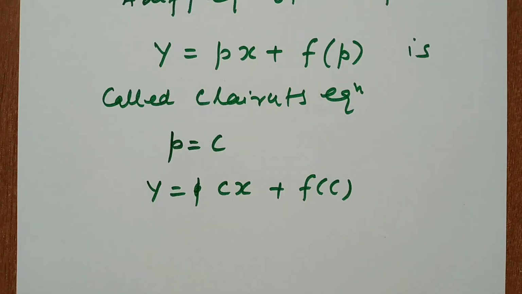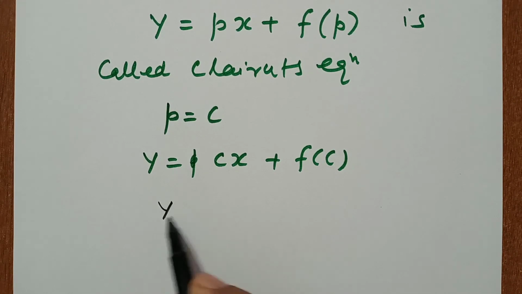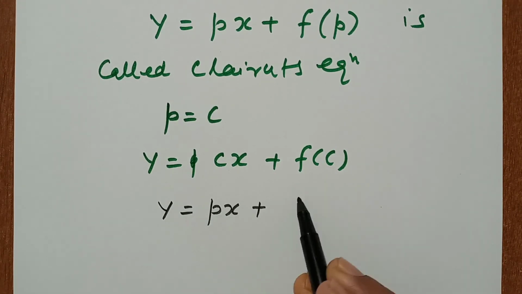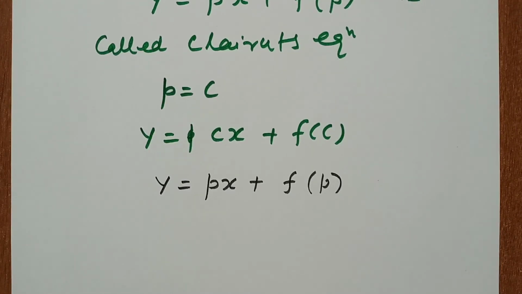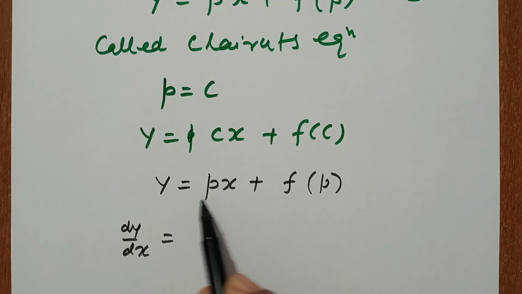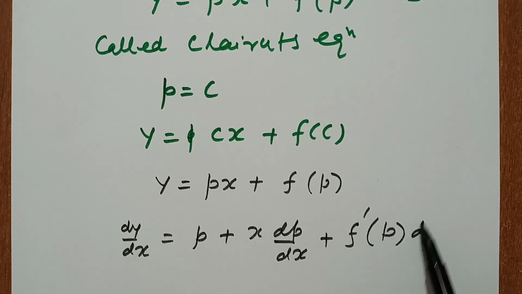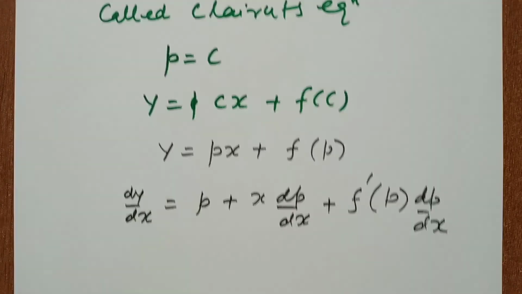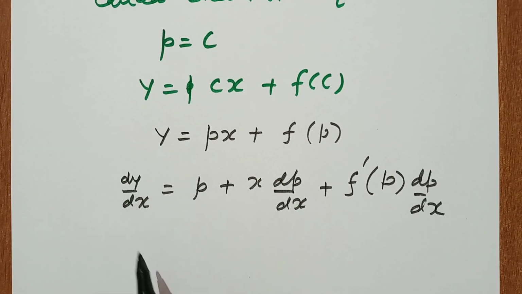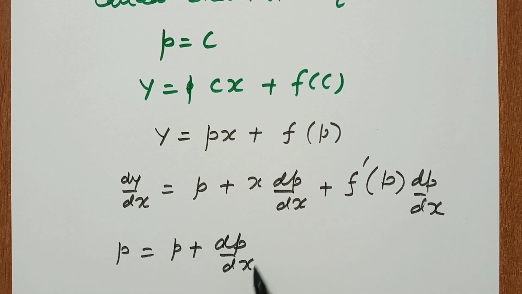How do we solve Clairaut's equation? Okay, this is very easy. If y = px + f(p), since this is a differential equation solvable for y, first we differentiate with respect to x. So dy/dx is the product of two functions: p + x dp/dx + f'(p) dp/dx. Next, by putting dy/dx = p, p = p + dp/dx is common, (x + f'(p)).